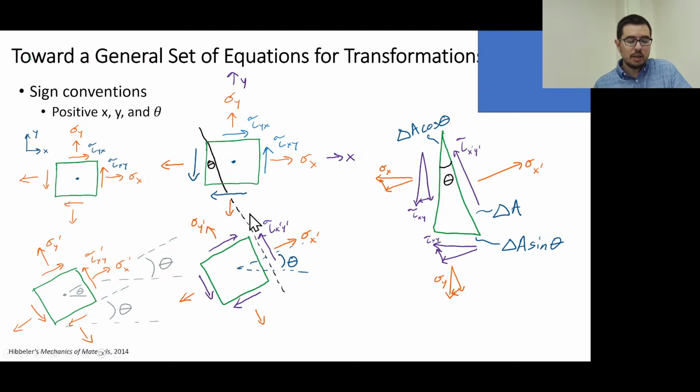And you see that this slice, this was sigma x coming out this face, now sigma x is coming out kind of like this. You see that? And if I kept extending that, that angle right there is the theta. So this is how we can begin to map slices to rotations.